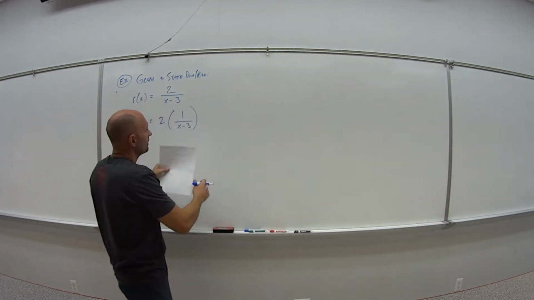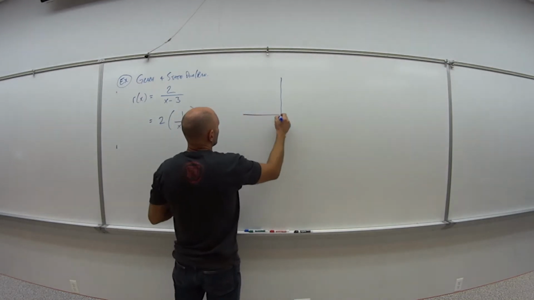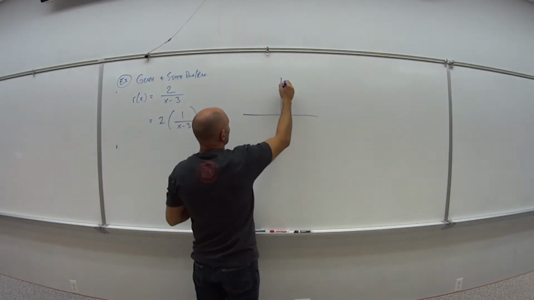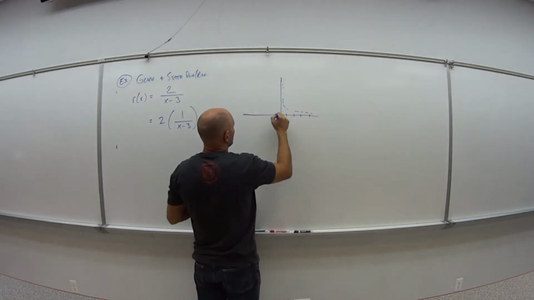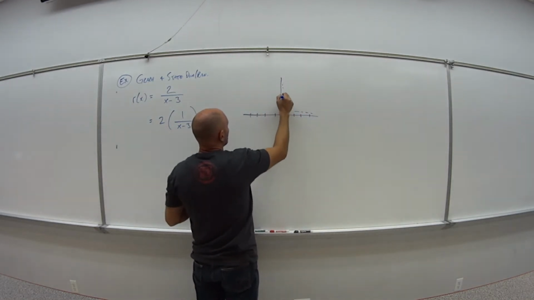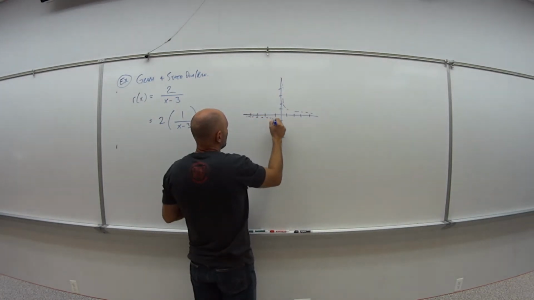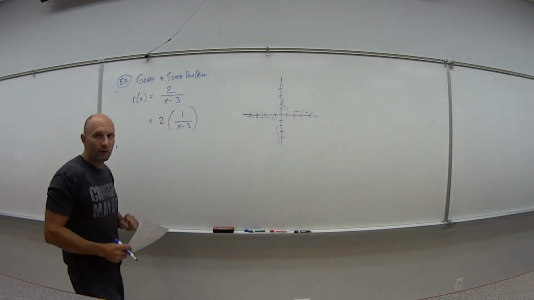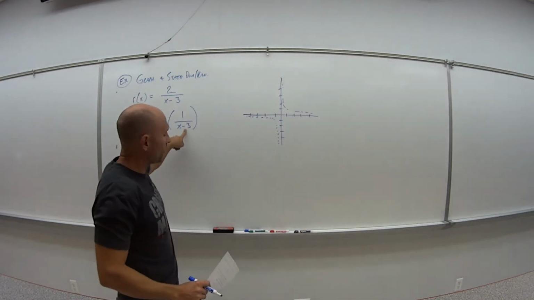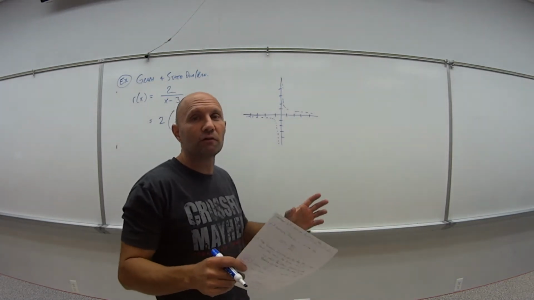So I know that would have been this guy here. If I was just graphing 1 over x, which you remember from video 1, that's the picture that we have. But now I have a minus 3 within the function.